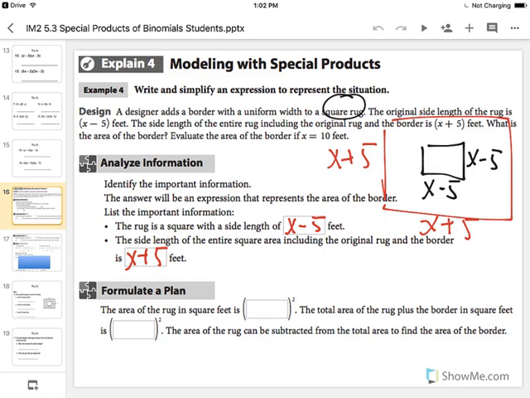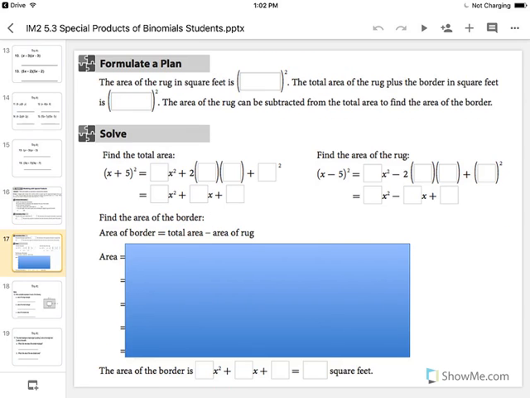The area of the rug is a square, so it is the quantity x minus 5 squared. The total area of the rug plus the border in square feet is the quantity x plus 5 squared. The area of the rug can be subtracted from the total area. That means we take the rug including the border minus the original rug. Let's go on to the next one.